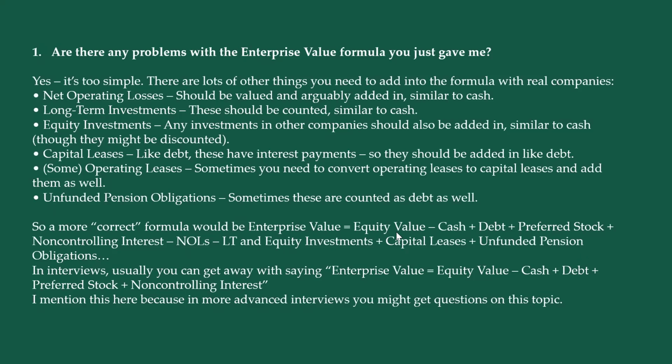So for equity value, we strictly follow the market value, and the cash is taken from the balance sheet. For debt, preferred stock, and non-controlling interest, it's very difficult to get the current market value, so we rely on the balance sheet numbers only.